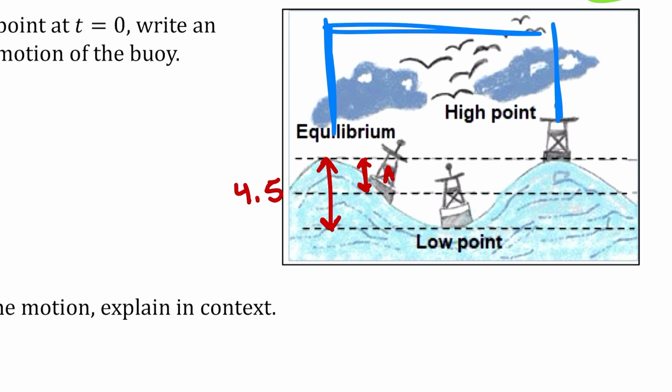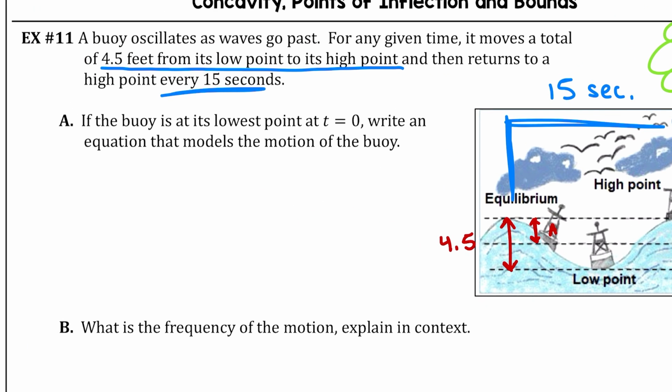So let's write our amplitude: 4.5 divided by 2. What is that, 2.25? You can also keep it as a fraction, but we don't like to mix fractions and decimals, so you could call it 9/4 if you wanted to. All right, it's saying write an equation that models the motion of the buoy.